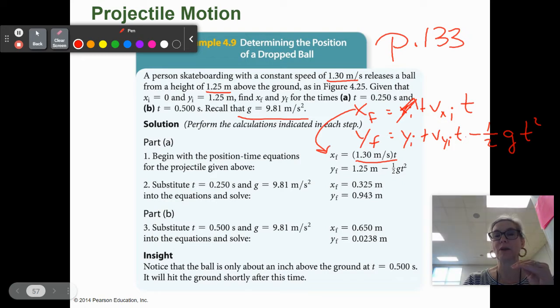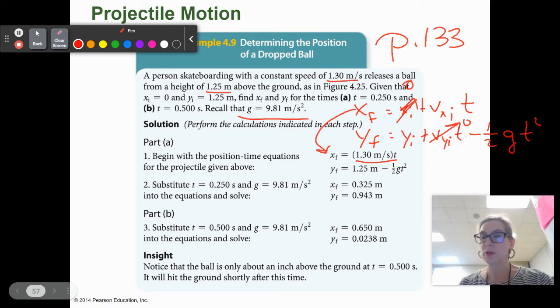Okay, so that would be 0. Because horizontally he's on the skateboard and he's moving at a speed of 1.3 meters per second, but he's just holding the basketball. The basketball's not moving till he drops it, and even then it's starting at a velocity of 0. So that whole term goes out to 0, and you get 1.25 minus 1/2 gt squared.